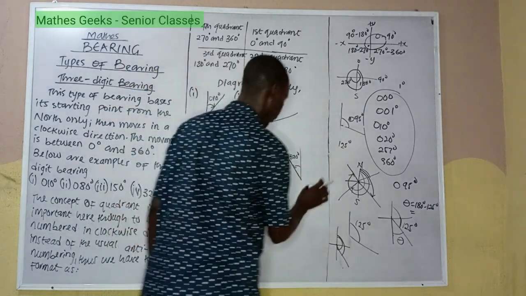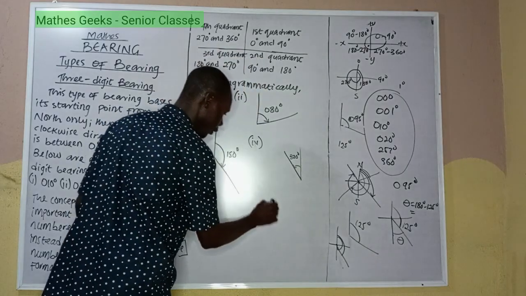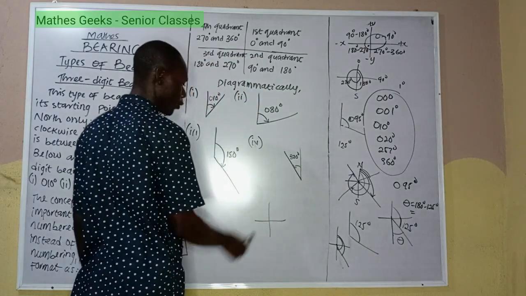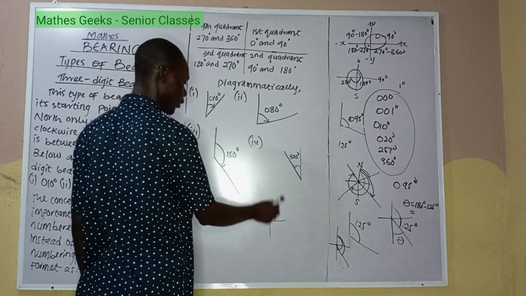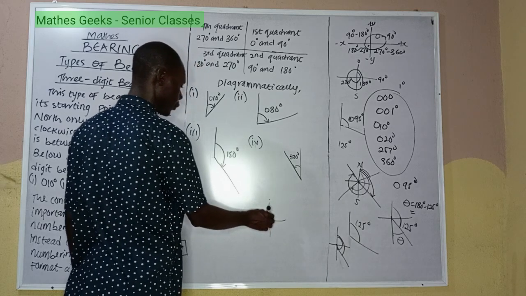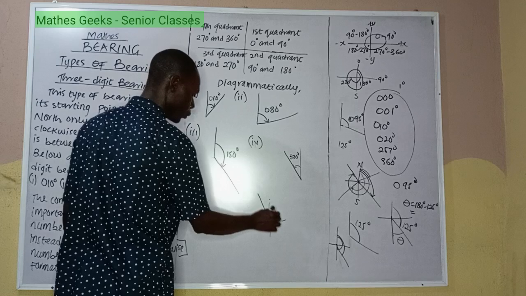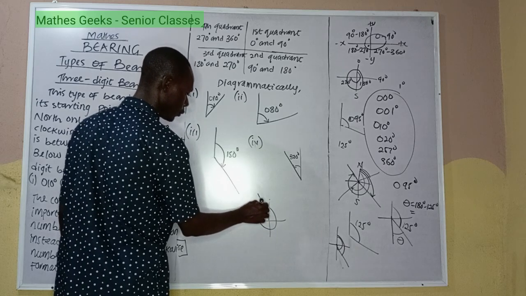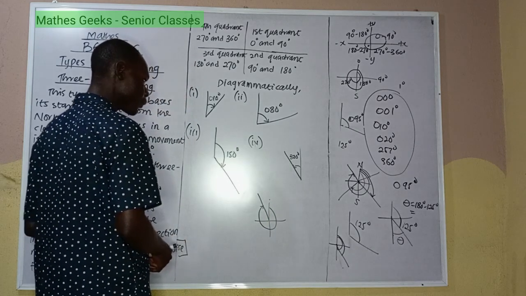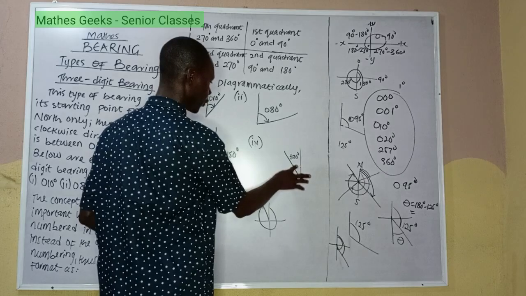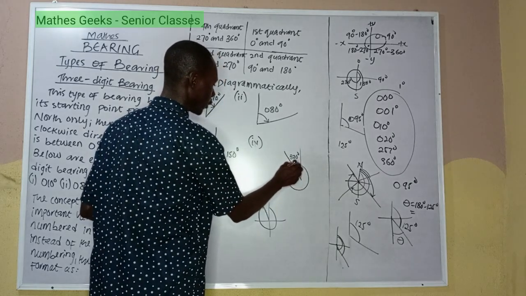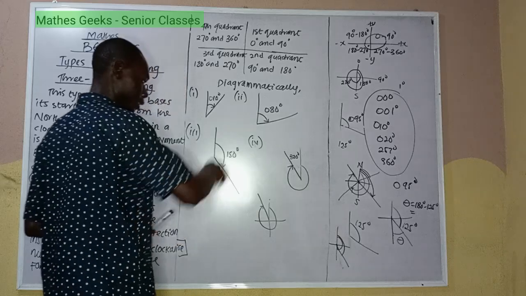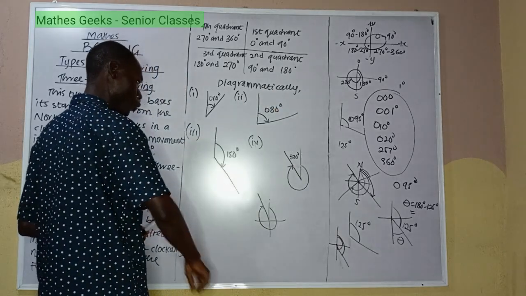If you are representing this with your compass bearing, you know that here is 0, 90, 180, 270, 360. So from the North Pole down to this line like this, that's how it's going to be, because the measurement is in the clockwise direction from the North Pole to the line.